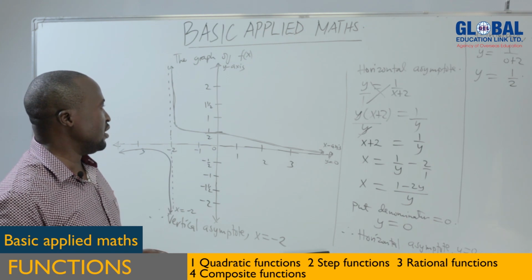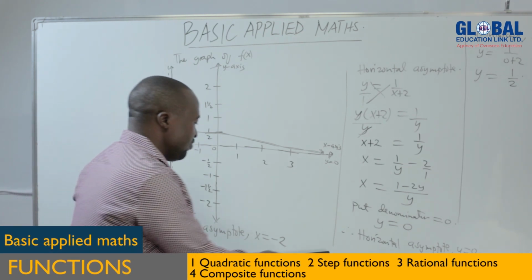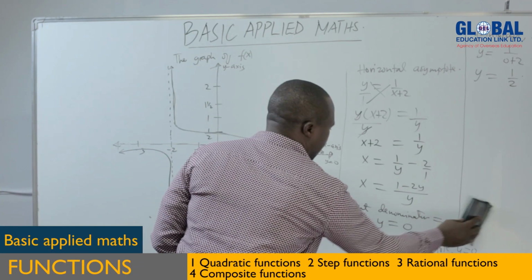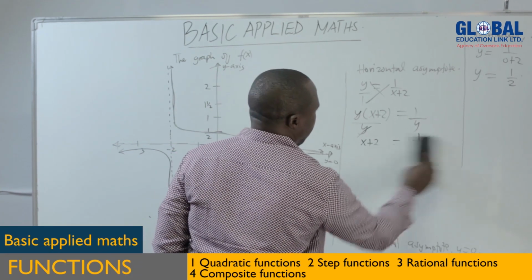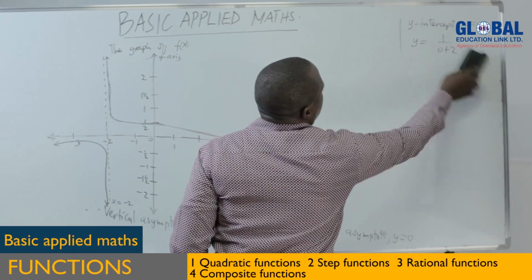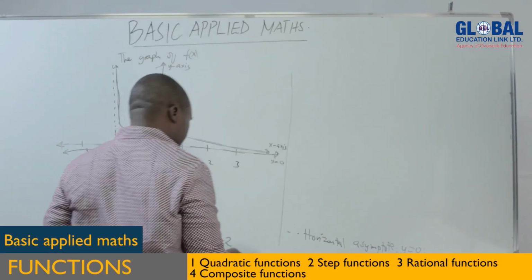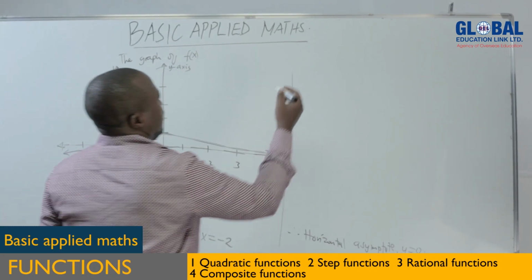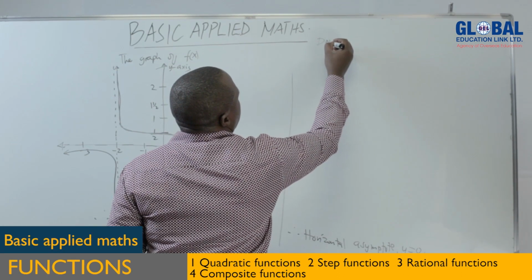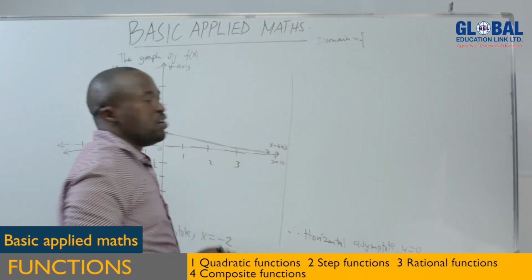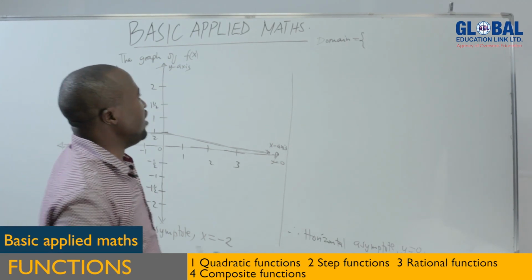But again, in our question, they said find the domain and the range. Let us see how to find the domain and the range. So starting with the domain. Remember, for domain, we are talking about the x values.